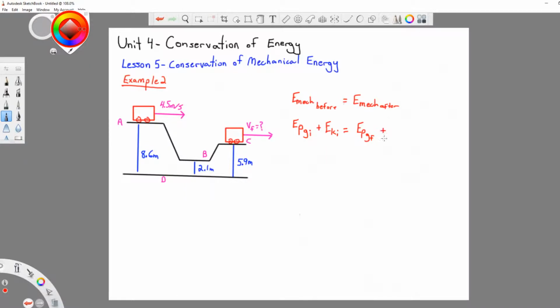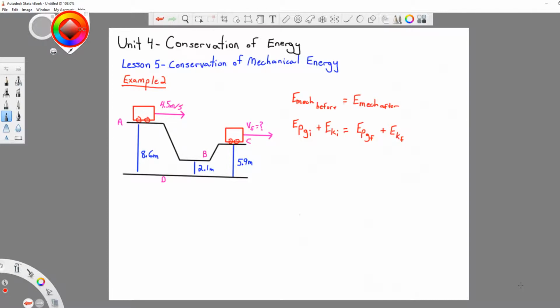And then plus, we're going to assume that if energy is conserved, and this is now lower, it's probably going to be going faster, because the total amount of energy is the same. If potential energy is less, we're going to have more kinetic energy, which means we're going faster. So we know we're also going to have some energy kinetic final.